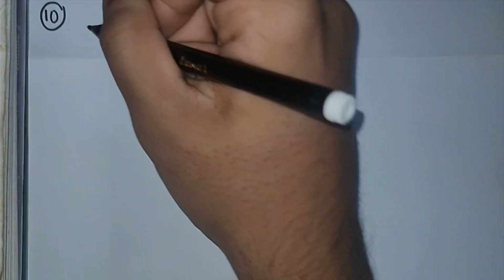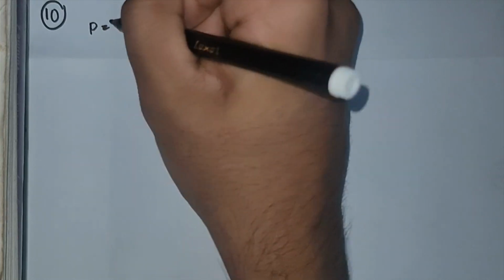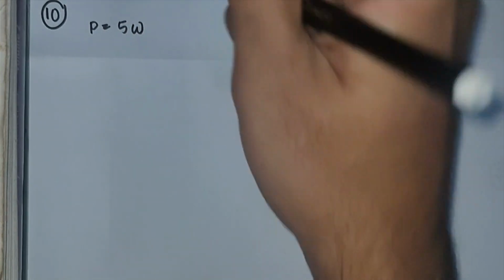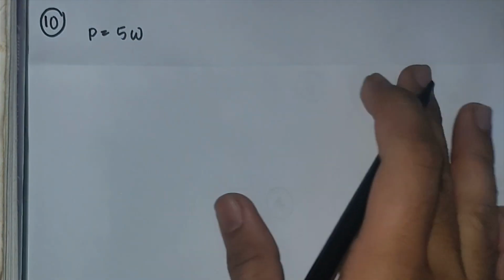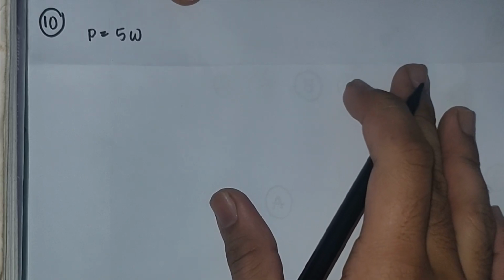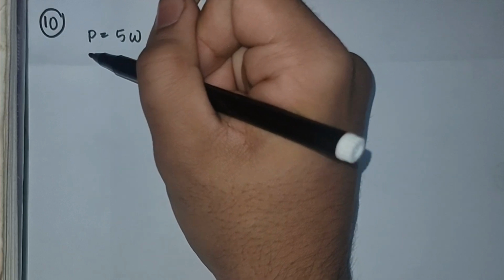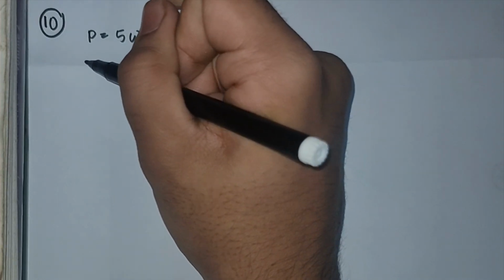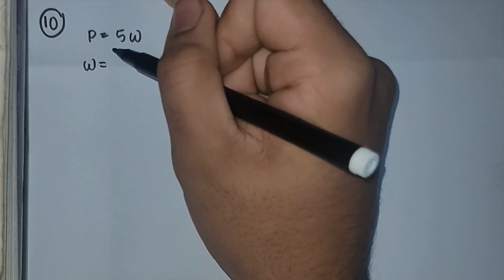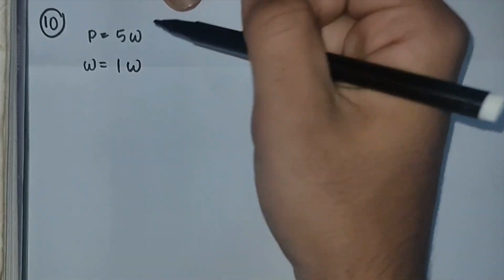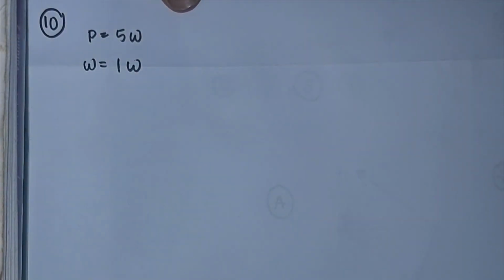We have a lamp in question number 10 that has a power output of 5 watts. So P equals 5 watts. Now the issue is that the lamp is wasting a power of 1 watt heating the surroundings. So the waste power output, I'll represent using W, is 1 watt. What we have to tell is what is the efficiency of the lamp.